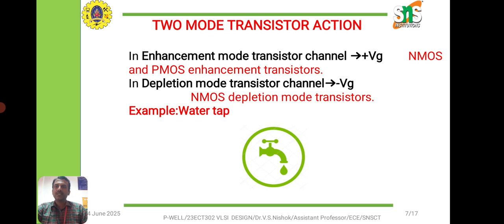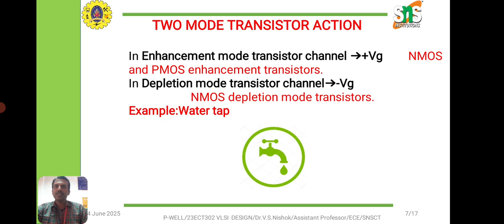Coming to the two different modes of transistor action: there are two possible modes of MOS transistor action, enhancement mode and depletion mode. In the enhancement mode, if the input voltage at the gate terminal is positive, then the NMOS transistor starts creating a channel and improving the current flow between the drain and source terminals.